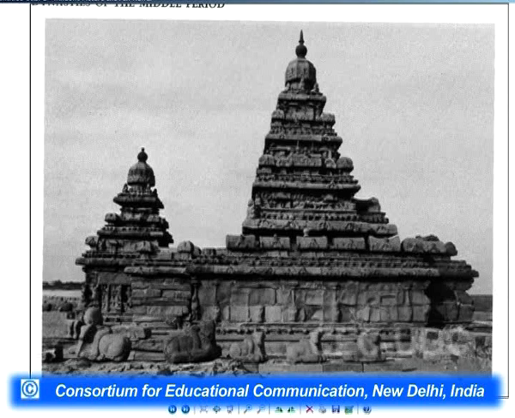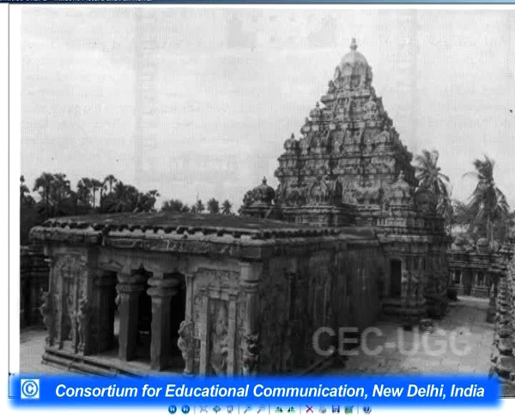Popularly, it is known as the Shore temple of Mahabalipuram. One shrine, the smaller one, is dedicated to Lord Vishnu and has a figure of Ananta Sayi Vishnu. Another shrine, the larger one, is dedicated to Shiva. So both these shrines are related to Shiva and Vishnu.